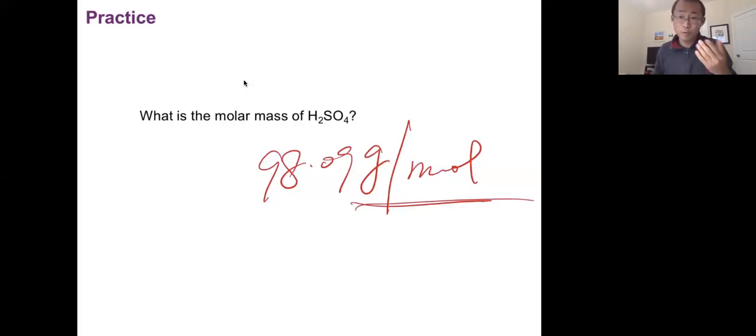Molar mass means the mass of 1 mole, so it should be in grams. So the unit will be grams per mole. Per mole means, again, 1 mole of this will be 98 grams. How do we get 98? Formula mass. Numerically, they're equal. Very good.